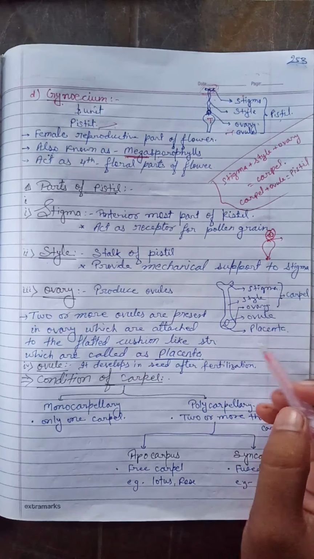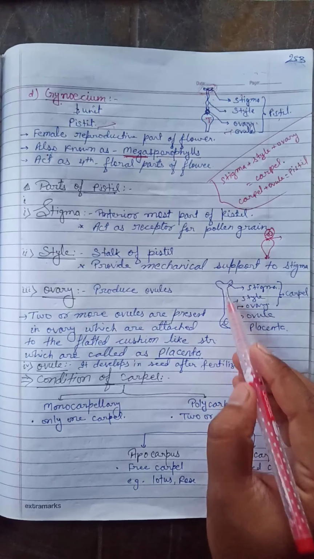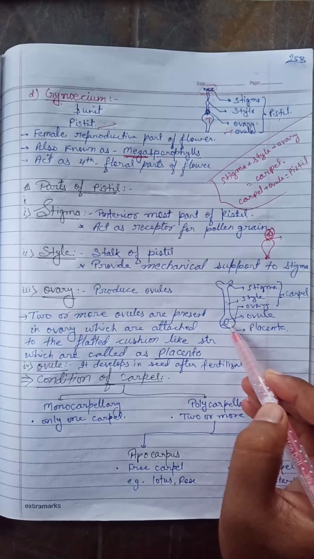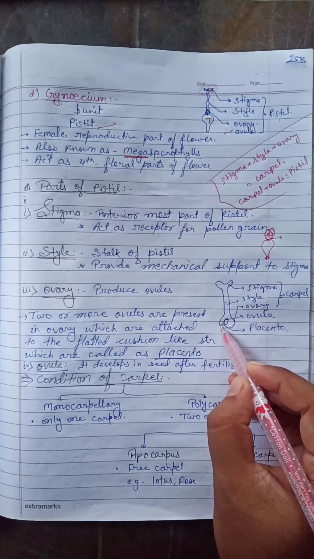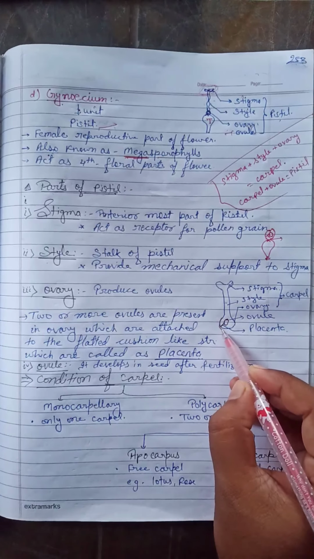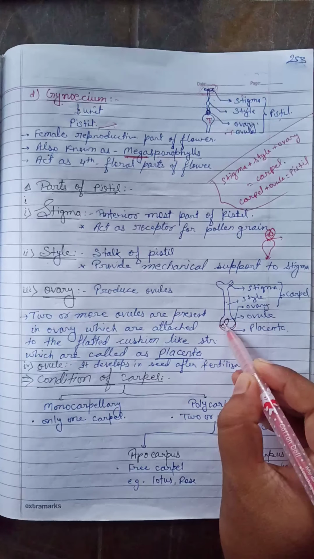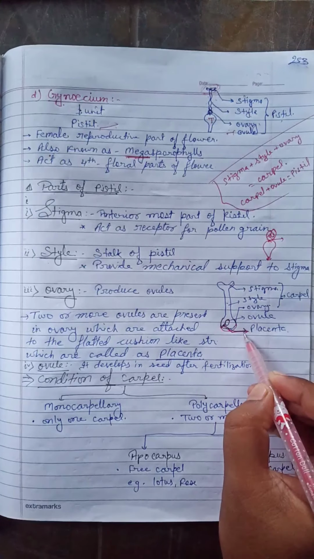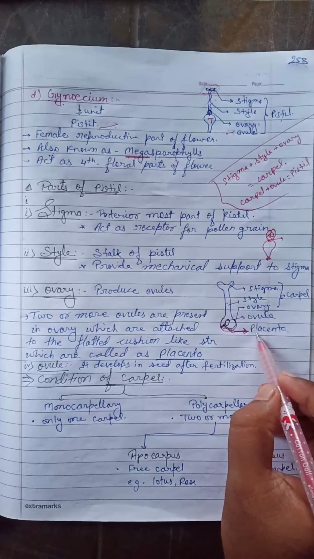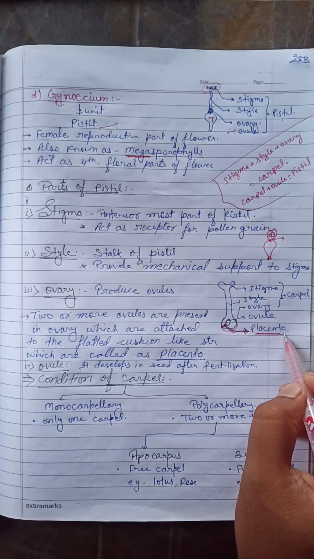Look at this structure here. This is stigma, this is style, this is ovary and this is ovule. The ovule is attached to the wall of the ovary. This flattened cushion-like structure is called the placenta. Is it clear?